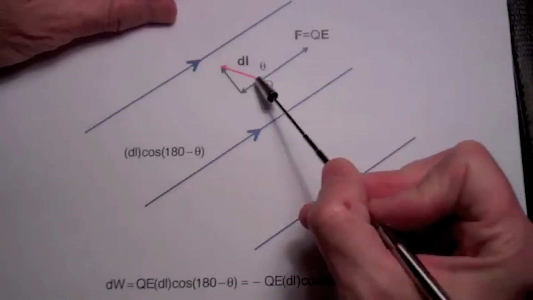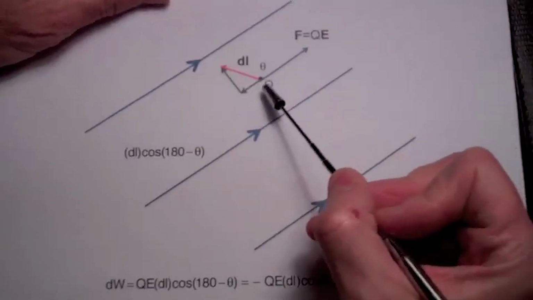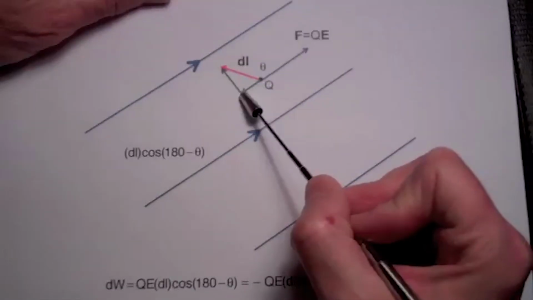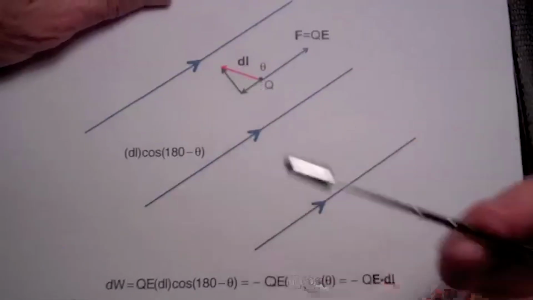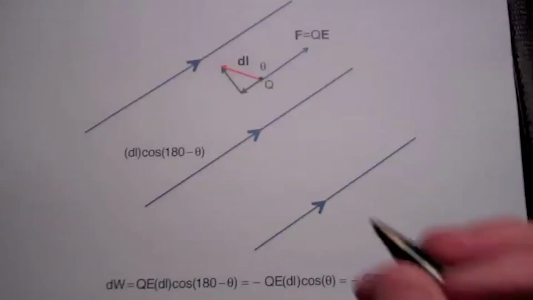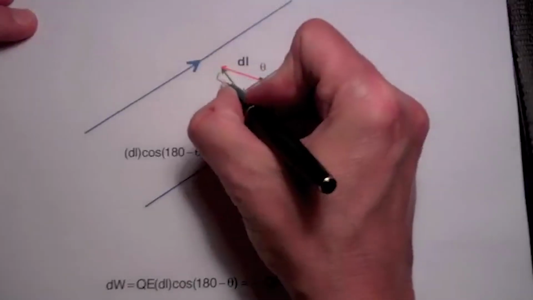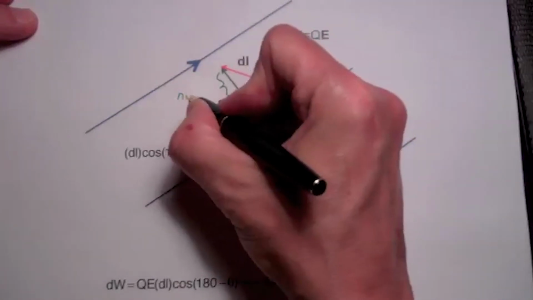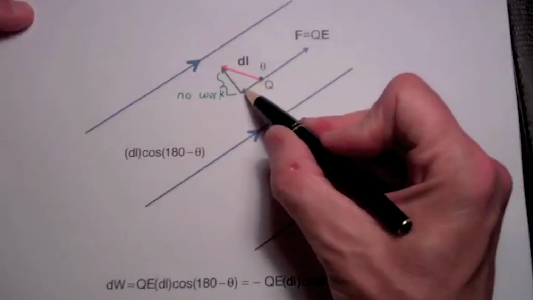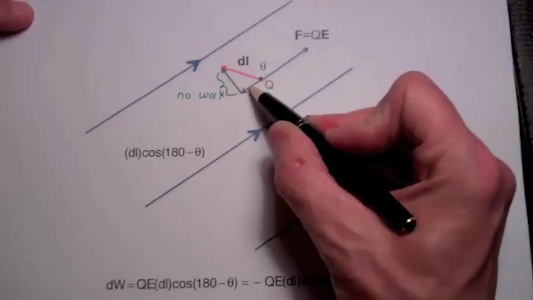Now I can think of this displacement dL as two displacements, one directly against the electric field and then one perpendicular to the electric field. So now when we move perpendicular to the electric field, as we discussed earlier, we are doing no work. So all the work that is occurring is along this displacement right here.